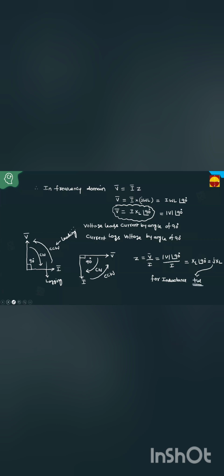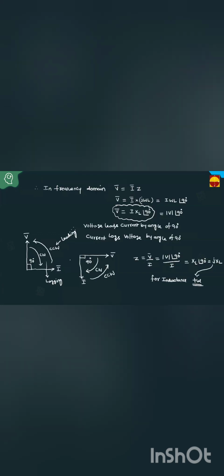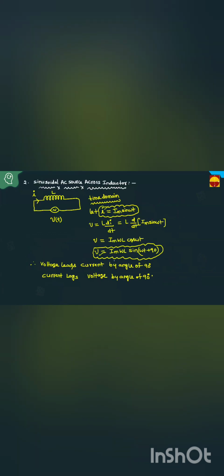Next, what is the instantaneous power in this case, friends? How to calculate instantaneous power? The instantaneous power is equal to V into I. Here V is Im into omega L, that is Im into XL.